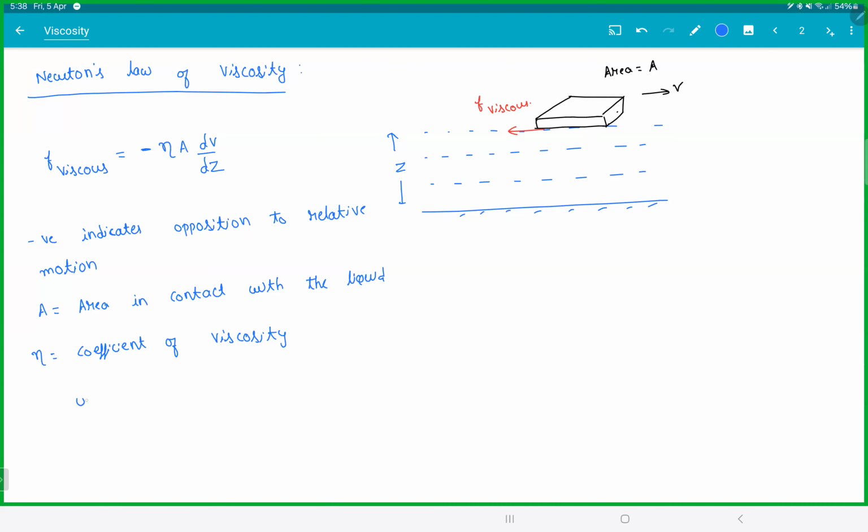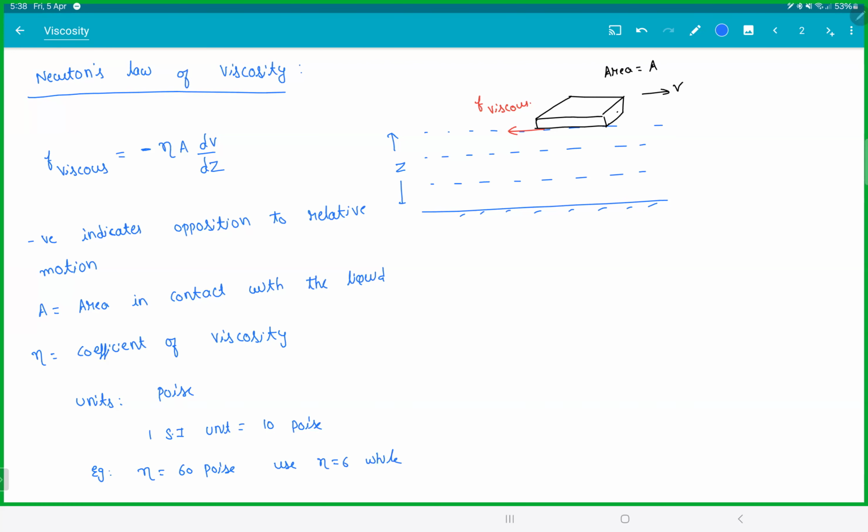The units of eta are poise. But the problem with this is that 1 SI unit is 10 poise. So in the exam, if they say eta is 60 poise, use eta equal to 6 while solving.